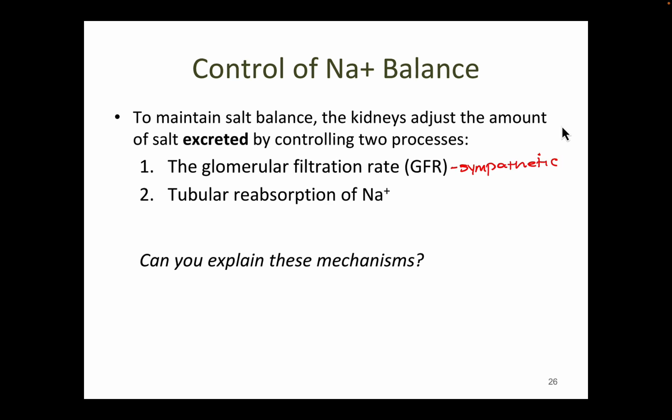And that we regulate tubular reabsorption of sodium. So how much we reabsorb through RAS, or the renin-angiotensin-aldosterone system. So make sure you can draw out each of those or explain each of those mechanisms out.